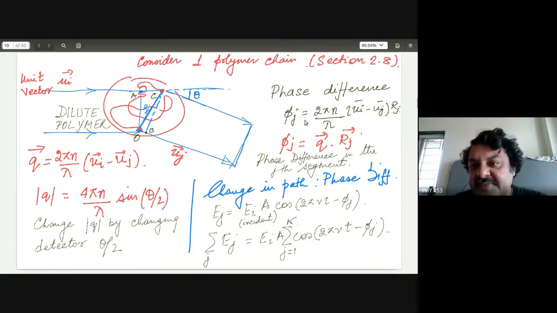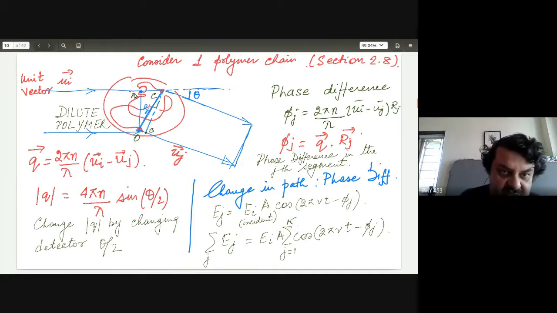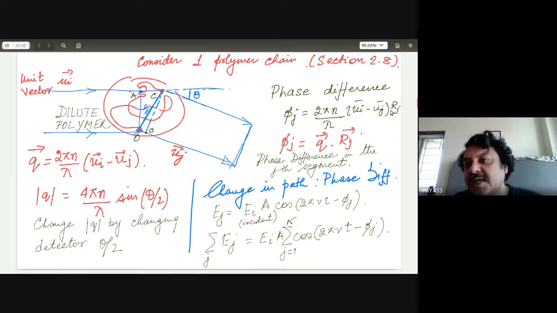The phase difference can be written down with a little bit of algebra as 2 pi n, n being the refractive index, by lambda, times ui minus uj, these two unit vectors, dotted into rj. So basically you have to express this distance in terms of rj and this distance in terms of rj and theta. This is what you will get.